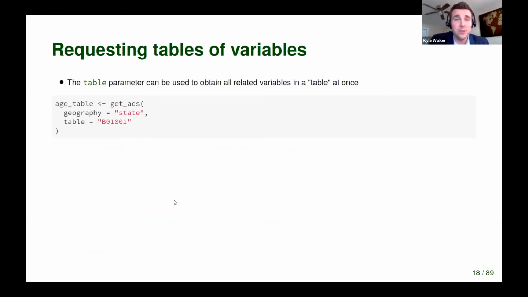This is a pretty commonly used table for a variety of different applications, but you don't necessarily want to type in every single variable code to get that. That's where the table argument comes in. Using get_acs, I can specify that I want all of the variables that start with B01001, which covers the age and sex structure of the US population.